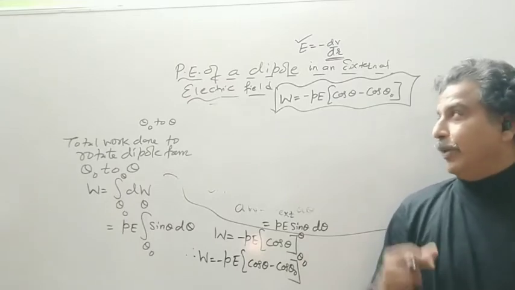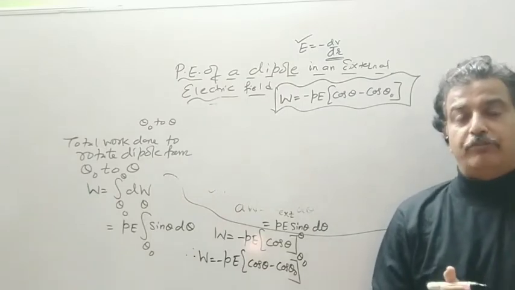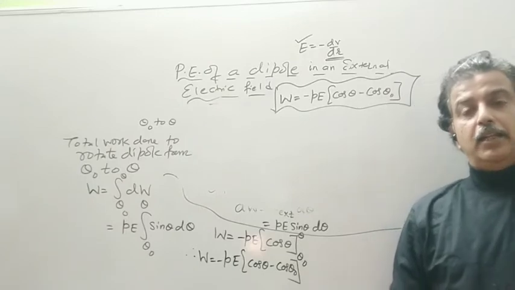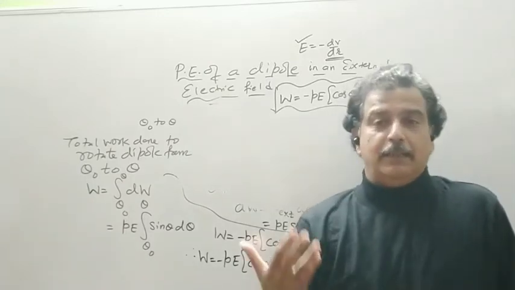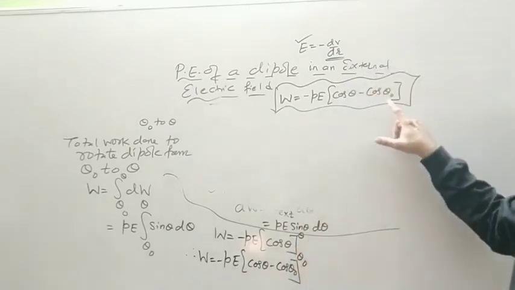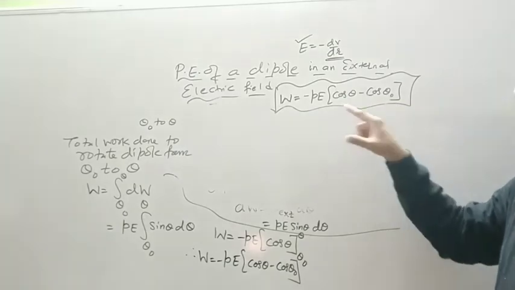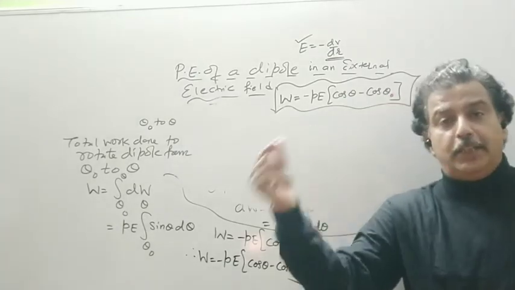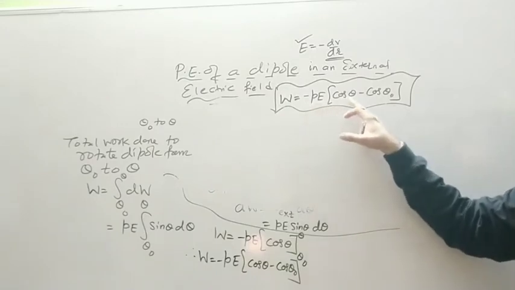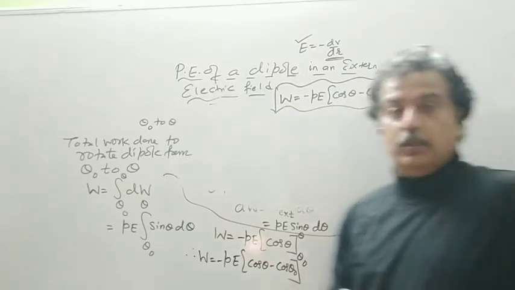Similarly, because the external field always aligns the dipole in the direction of the field, we assume that the dipole is aligned and we have to rotate it by some angle. So if it is aligned, theta naught should be 0. And if I have to rotate it from 0 degrees to 30 degrees, the formula becomes minus PE times cos 30 minus cos 0.